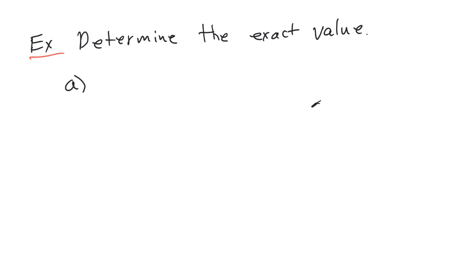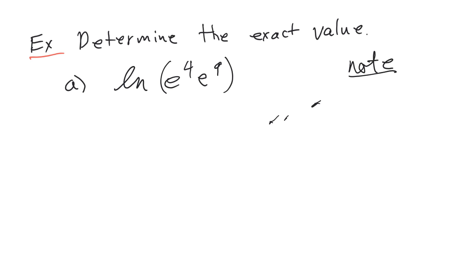All right, so we're going to determine the exact value. Let's say I have this, the ln. Let's write this. I'm going to write this in script. So if I have the ln of the following, e to the 4 times e to the 9. Here is a note that you need to recall. The ln of x is equal to the log base e of x.